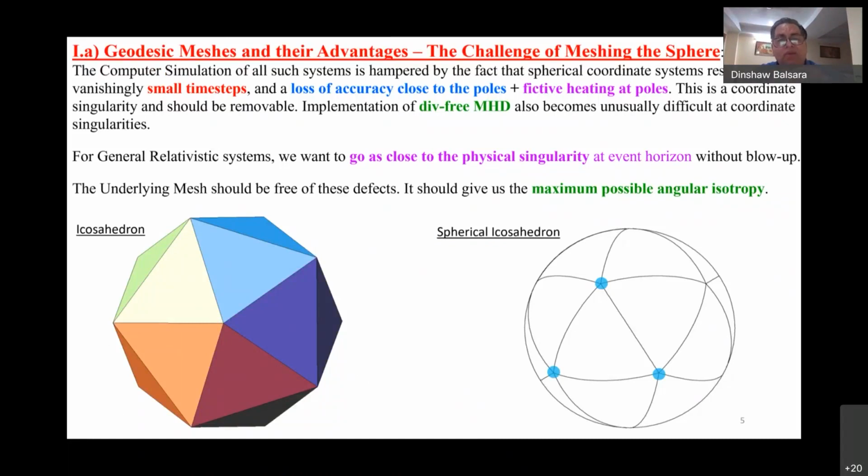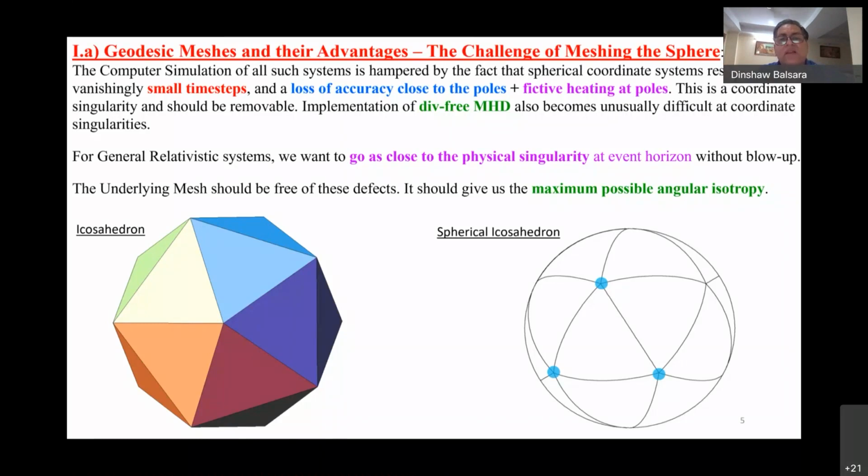And if we look further at general relativistic systems, we would like to go all the way to the event horizon and not have our codes blow up. So we want simulation capabilities that offer the maximum angular isotropy on a sphere.